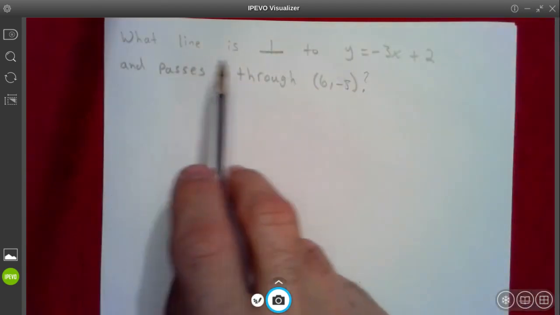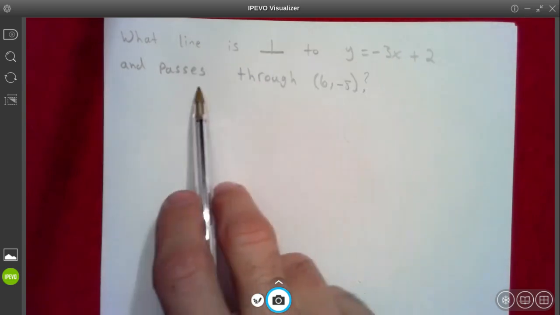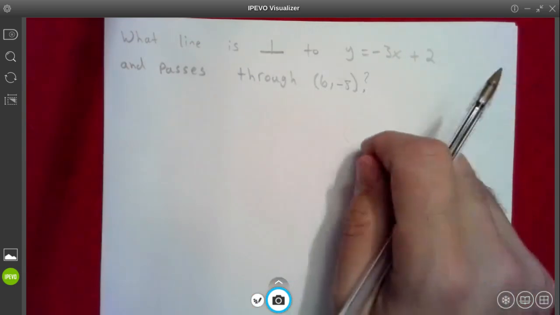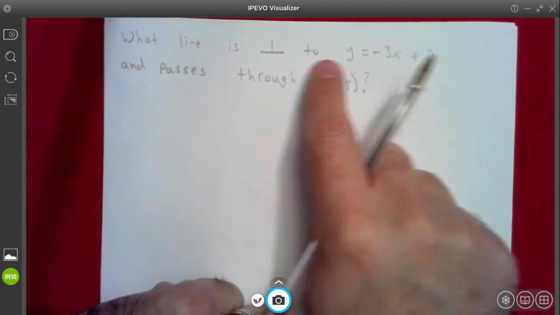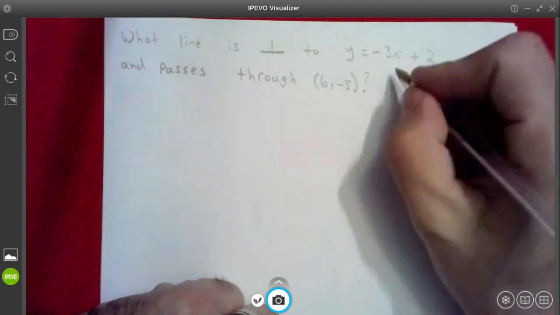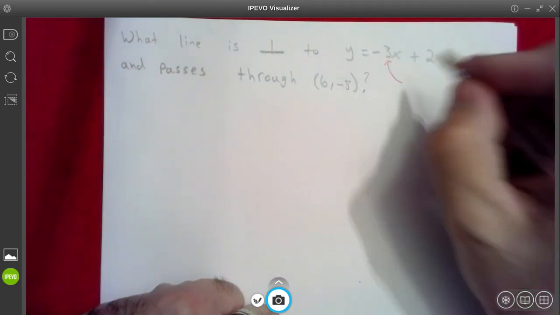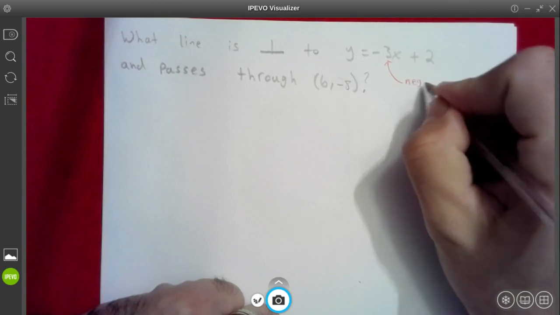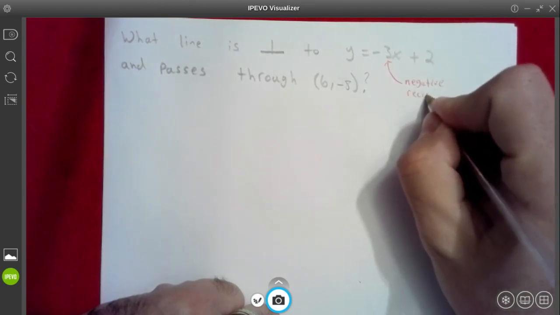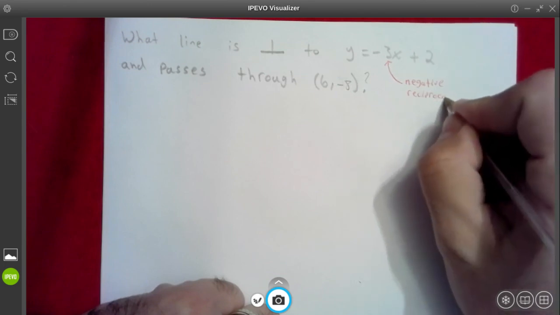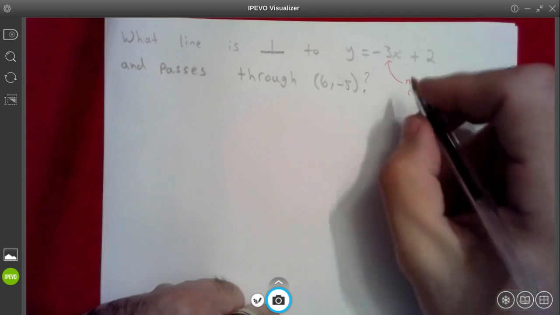What line is perpendicular to this one and passes through the point (6, -8)? The fact that it's perpendicular to this line means we just need to take the negative reciprocal of -3, and that's going to tell us what our slope is.